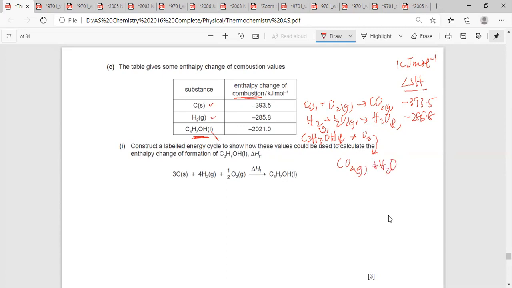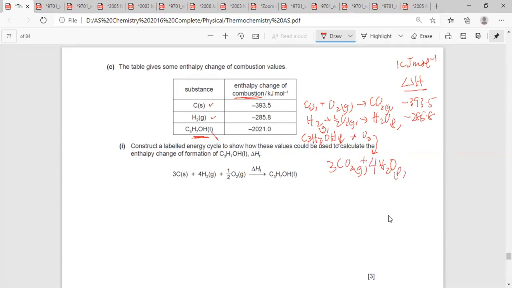Now let's balance it. 3 carbon, so 3 here. 8 hydrogen, so 4 here.